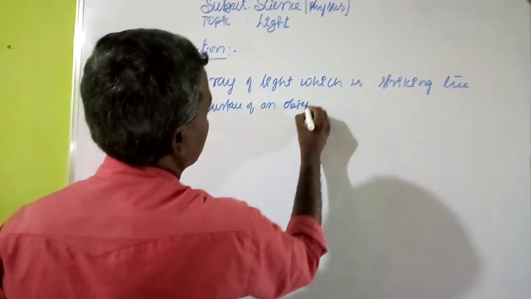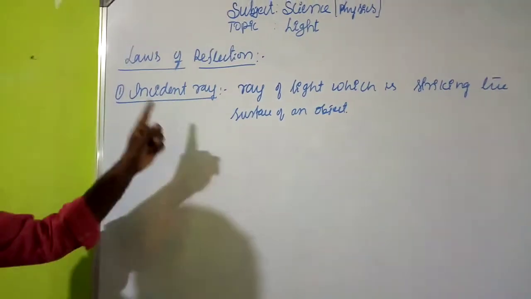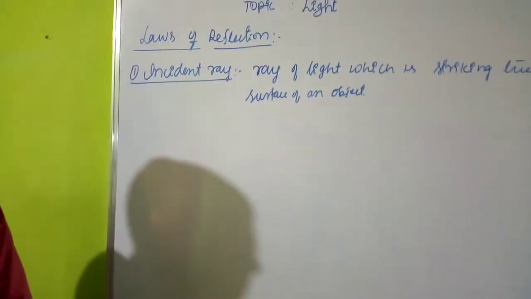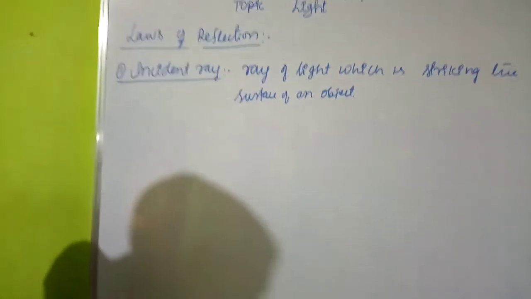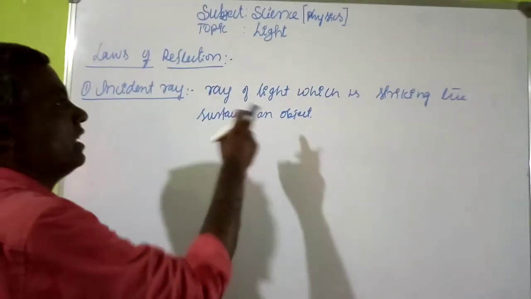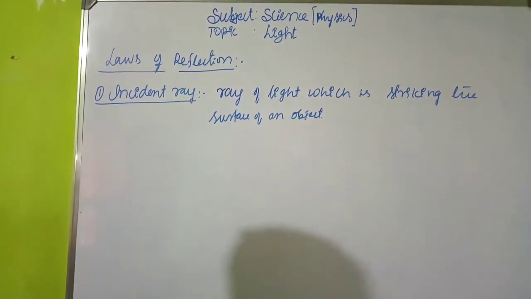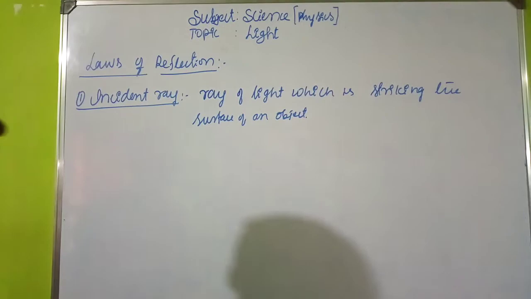It means a polished or unpolished object. Once again, the incident ray means the ray of light which is striking the surface of an object. It is called an incident ray.